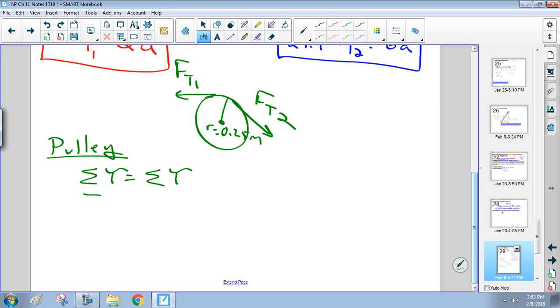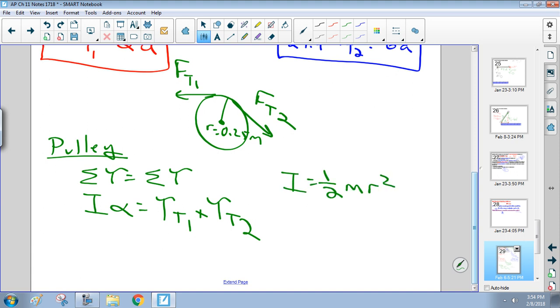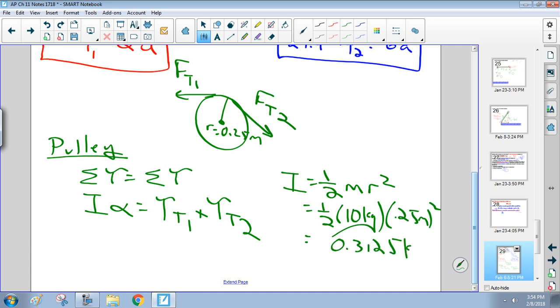So this is I alpha equals the torque from tension 1 plus the torque from tension 2. Let me go over to the side and figure out what I is. I is 1/2 mr squared. So that's 1/2 times the mass of this thing, which is 10 kilograms. It's a very heavy pulley. And our radius is 0.25 meters. Don't forget to square it. Multiply it all out, and you get 0.3125 kilogram meters squared.